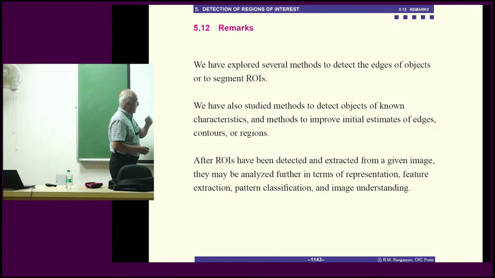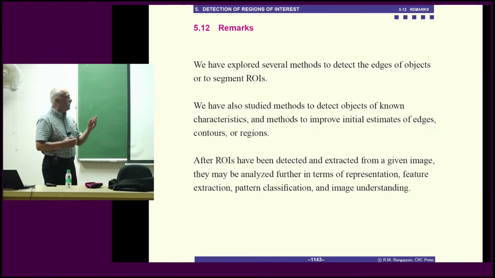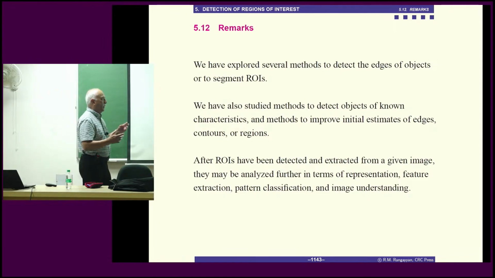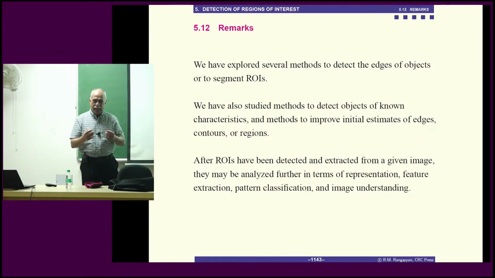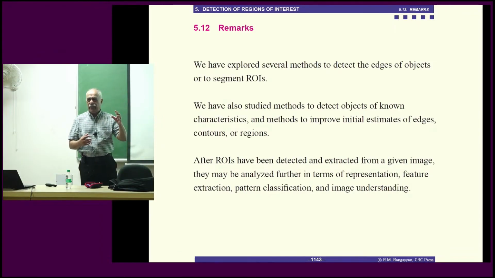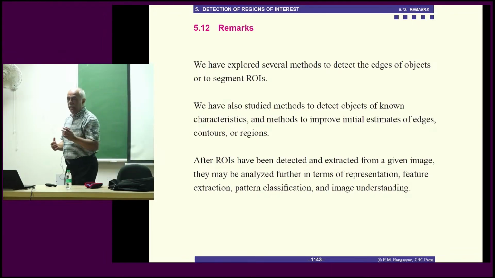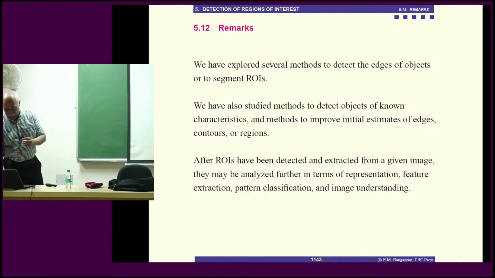After regions of interest have been detected and extracted from a given image, they may be analyzed further to do feature extraction, get some parameters that represent the distinction between the categories of interest, shape, texture, whatever, and those should help in pattern classification and image understanding, eventually leading to computer-aided diagnosis.